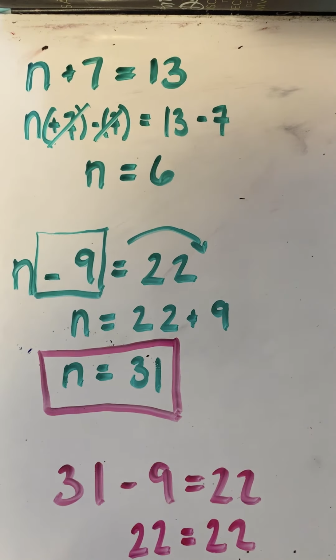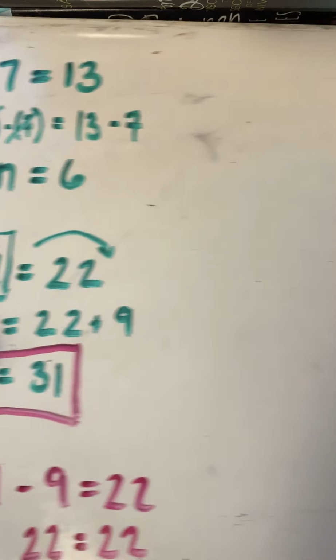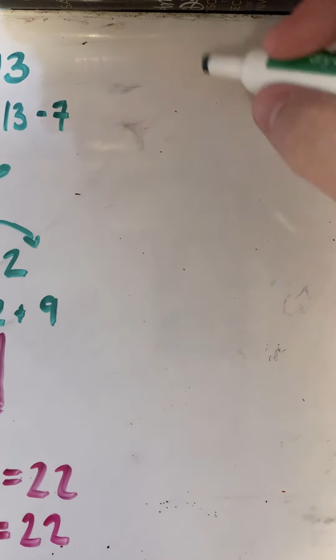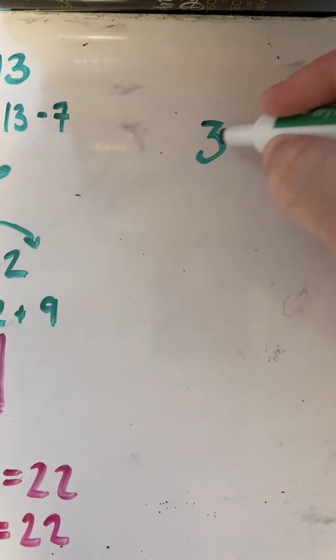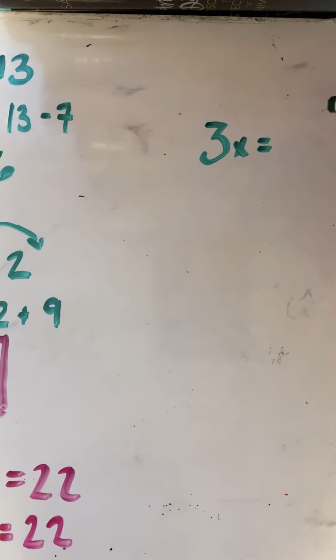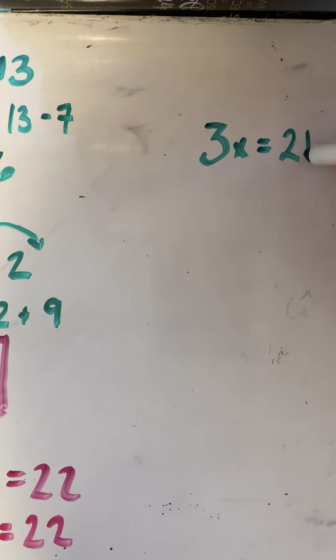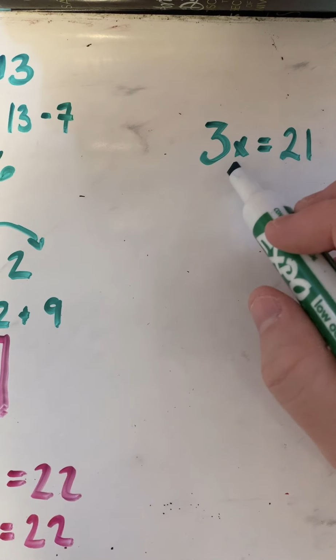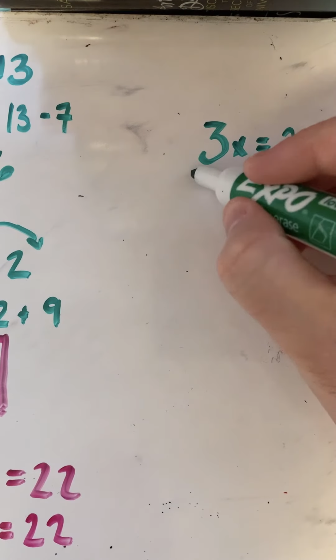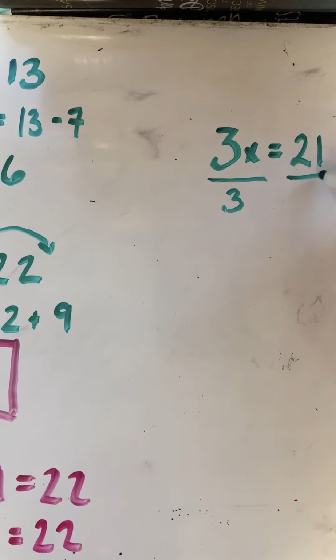Let's talk about two more one-step types. I'll give you 3x equals 21. When we're dealing with single-step multiplication, we isolate by dividing.